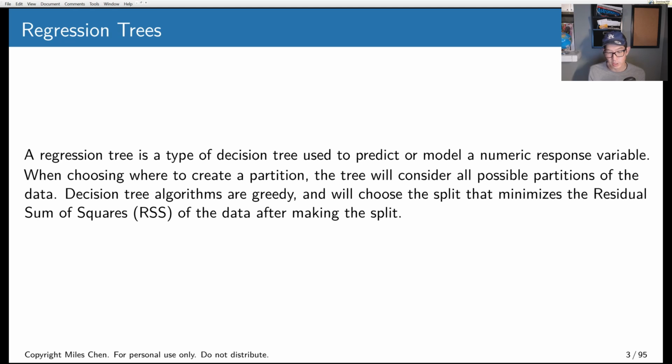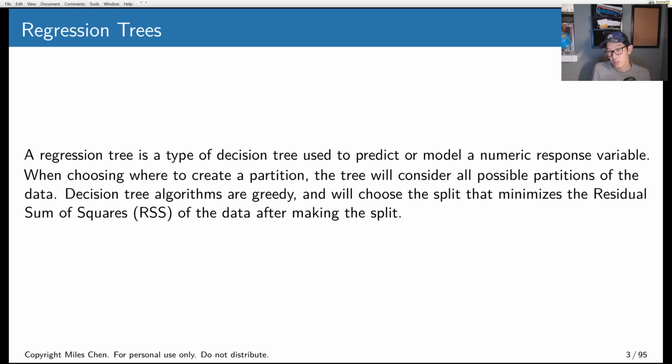If you have 100 observations, you line up all of the values and try splitting them: 1 versus 99, 2 versus 98, 3 versus 97, and so on.